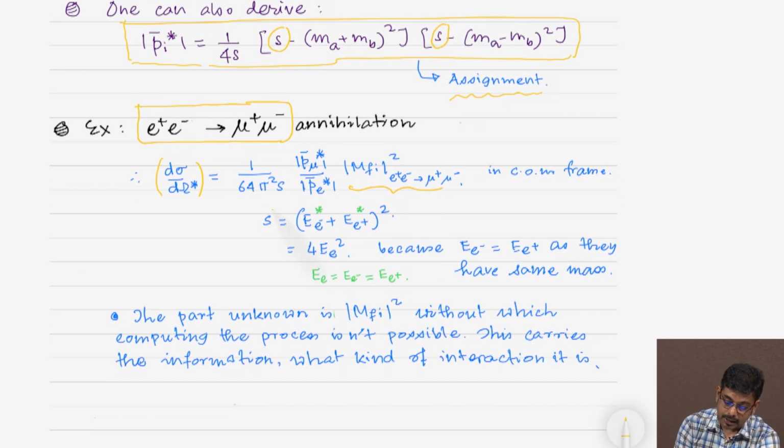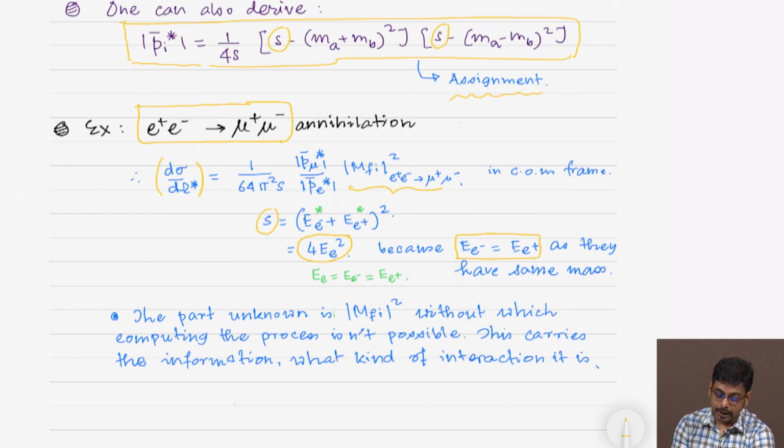And if you want to express the center of mass energy s, this will simply be (E_e⁻* + E_e⁺*)², which you can say is 4E_e², just because E_e⁻ has to be equal to E_e⁺, as they have the same mass.